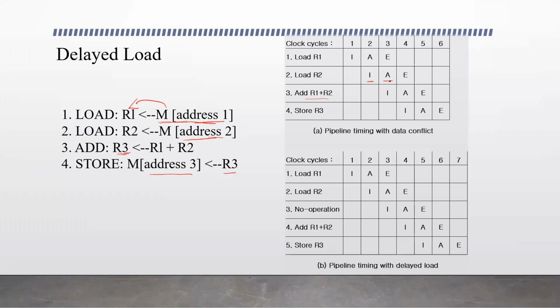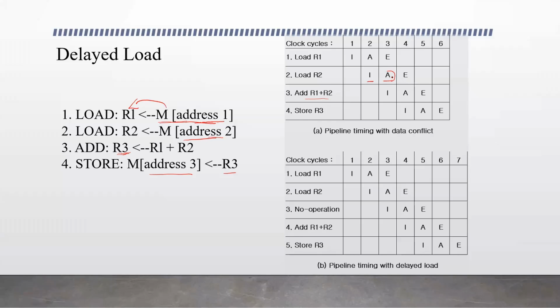The second part is the ALU operation, where the ALU finds the effective address, because Load R2 means loading the content of memory into register R2.